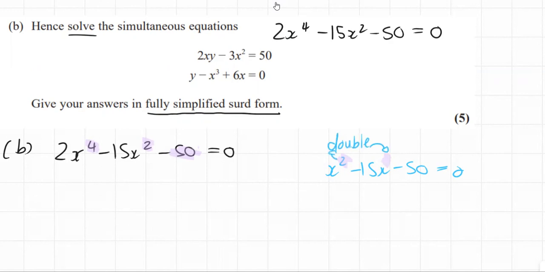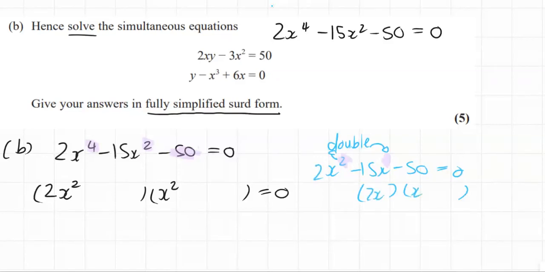So we can open up our two brackets. 2 and 1 just has 2 and 1 for the 2, no other factors. Remember now you're trying to get x4, so you use x squared. Whereas this one would have been 2x and x, making x squared, here x squared times x squared makes x4.